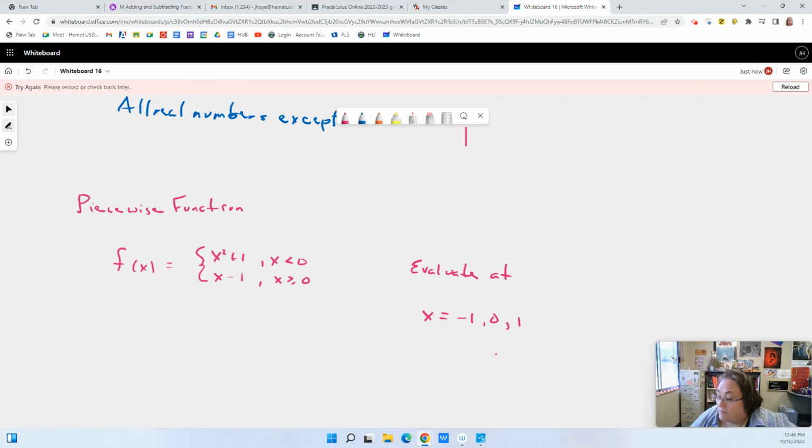Well, at f of -1, we look over here and it says if x is less than 0, we use x squared plus 1.